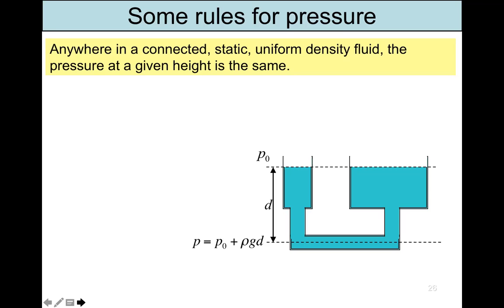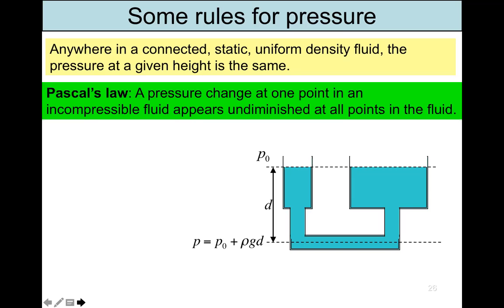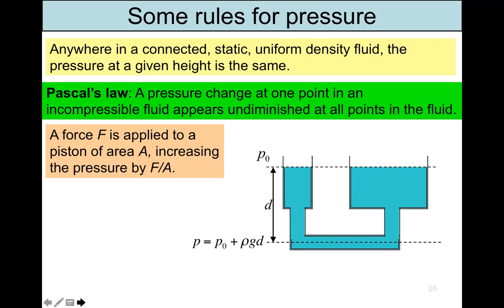So what if you put more pressure on one side? Right? So let's say you had applied a force on this piston of area A. So you're increasing the pressure on the left-hand side. Okay, so you might wonder, oh, am I only increasing pressure on the left?